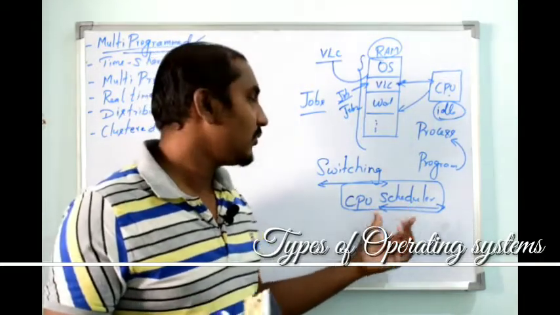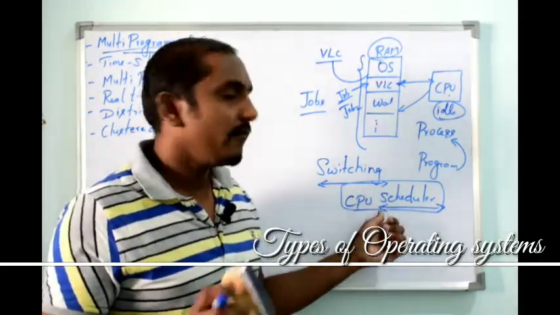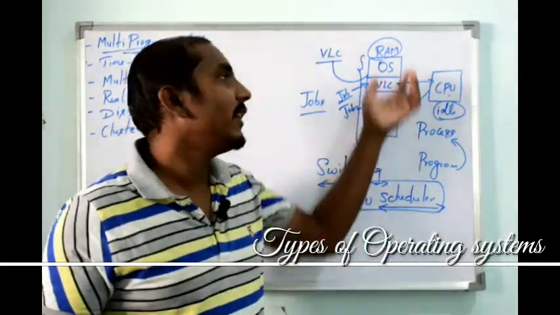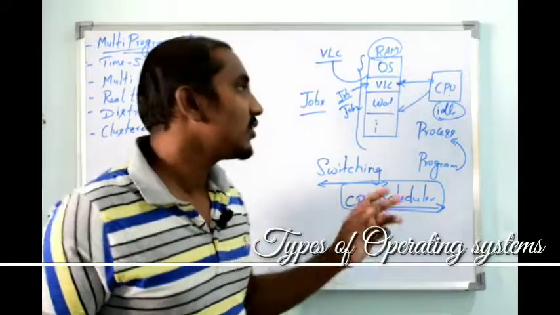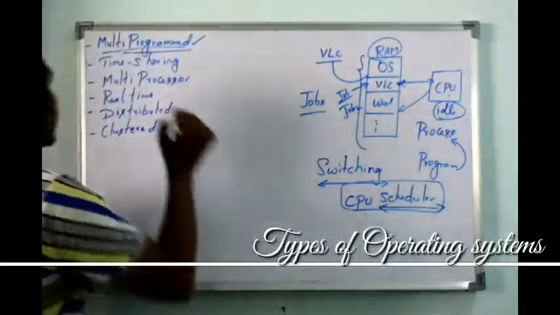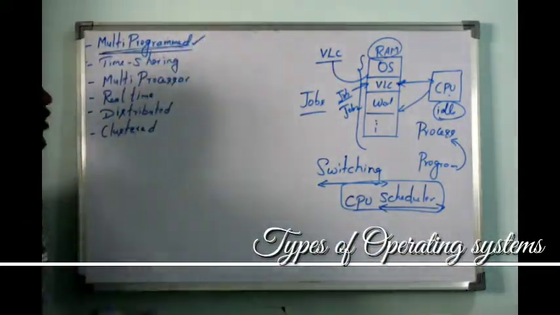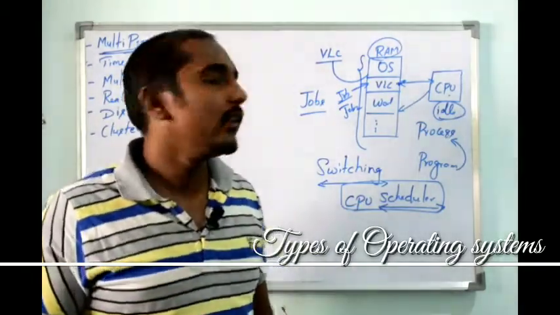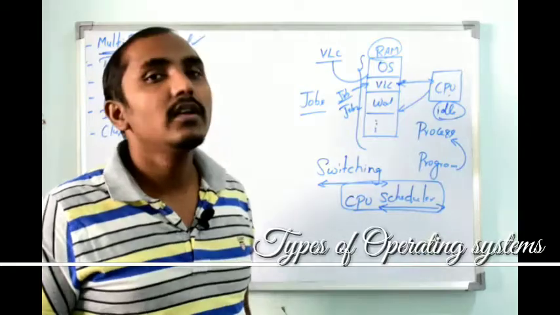That is done with the help of CPU scheduling, where it selects any one program for execution, while the other programs wait in the RAM. This type of operating system is considered a multi-program operating system, where you can store more than one program in the RAM and the CPU selects any one program for execution.